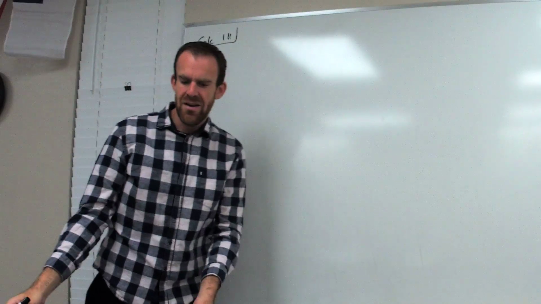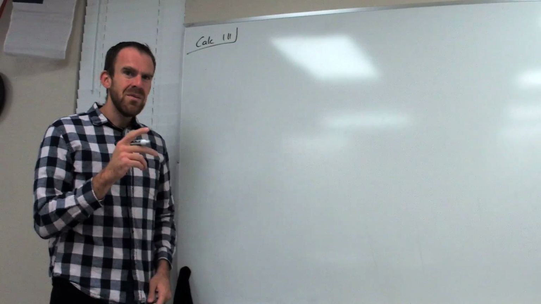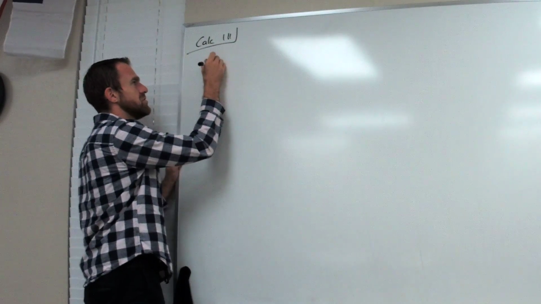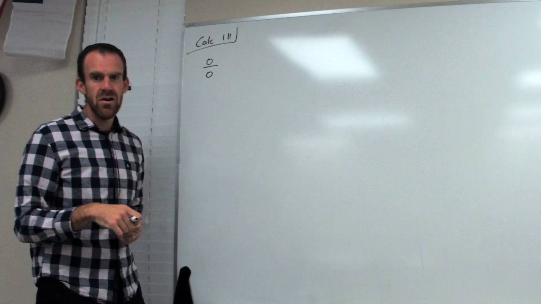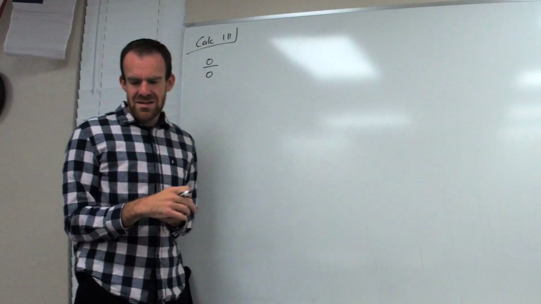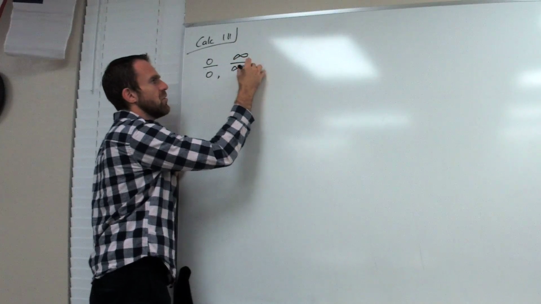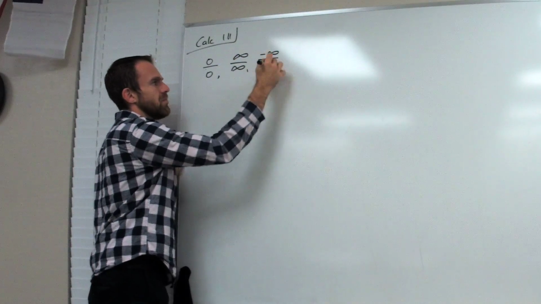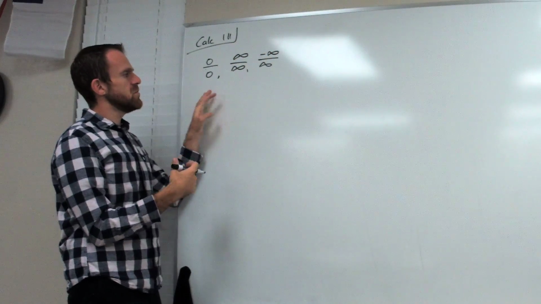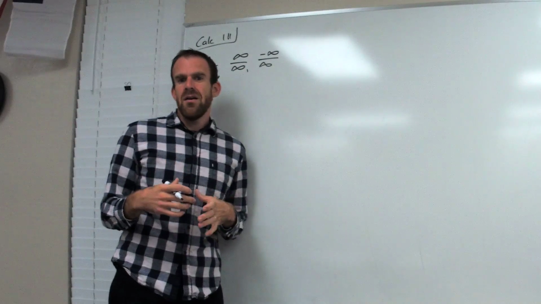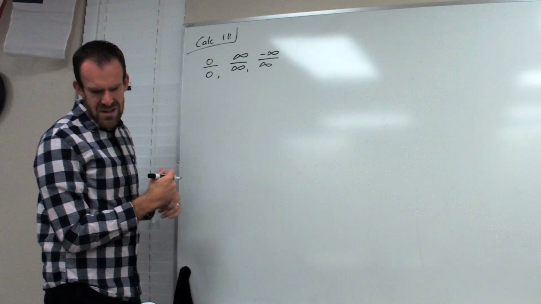Today we're going to talk about some indeterminate forms, but this time it's not going to be the indeterminate form 0 over 0 that you are familiar with. Instead, we've talked about a couple of others, infinity over infinity or negative infinity over infinity. Those are the indeterminate forms we've covered so far. But what if it's not a fraction? What if it's an exponent?